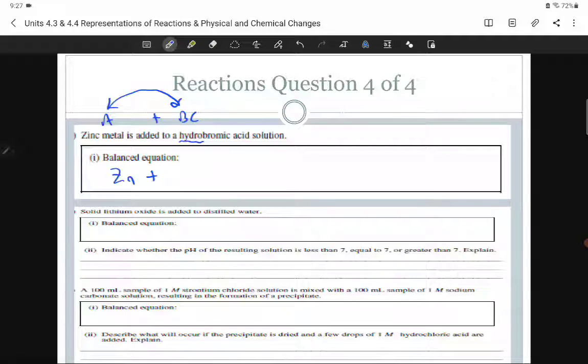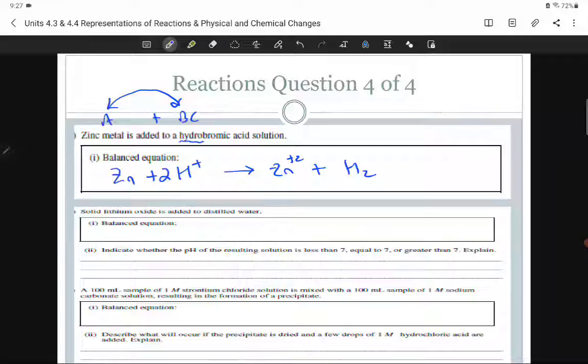So hydrobromic acid is a strong acid, so it fully dissociates. So we're only going to write the H positive, and the metal becomes an ion. And you have to know that zinc is a +2, and you have to know that H plus goes to elemental hydrogen, which is H2, diatomic. Balancing, we're done.